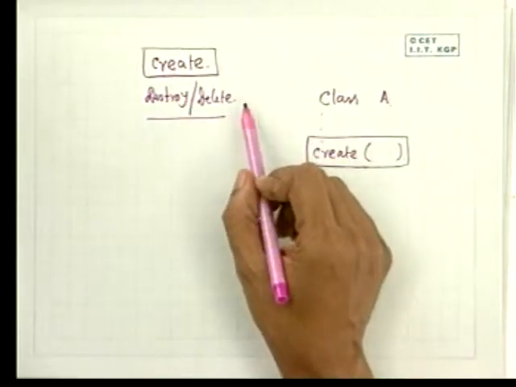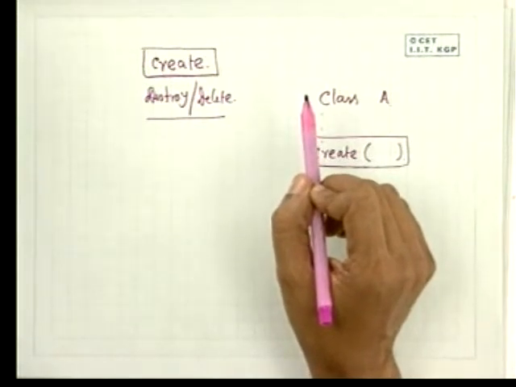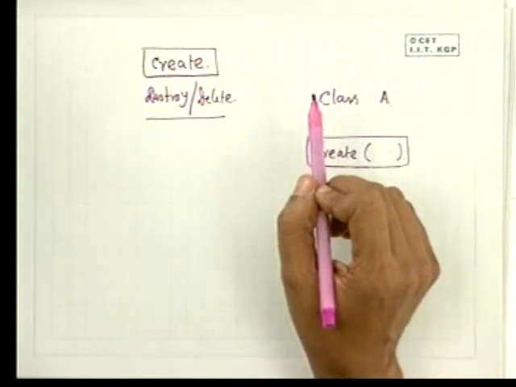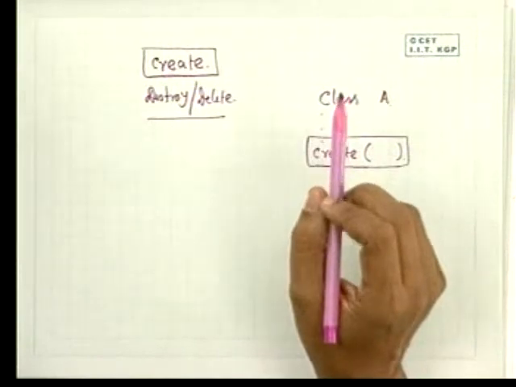Now some programming languages may not explicitly support delete operations. The reason being that, say for instance in Java, whenever there is no reference to a particular object, we say that that object ceases to exist.